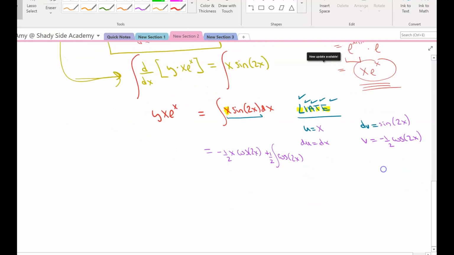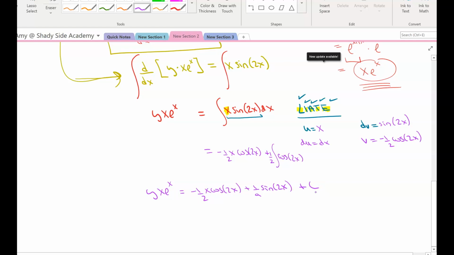All right, and then at the end of the day, I'm going to get y x e to the x equals negative 1/2 x cosine of 2x plus, is it 1/4 sine 2x? There we go. Right? Good, good, good. And then, I'm going to put the plus c here.